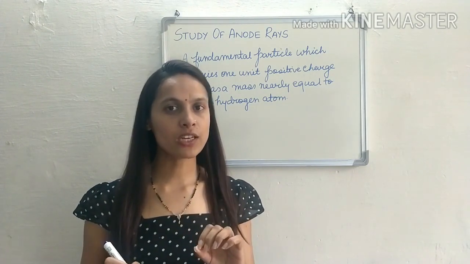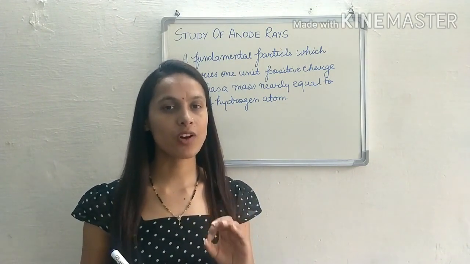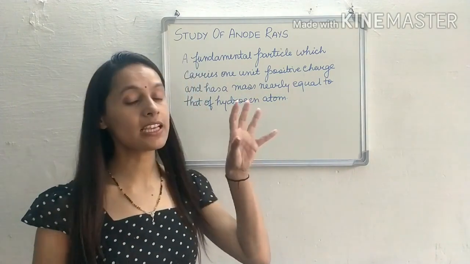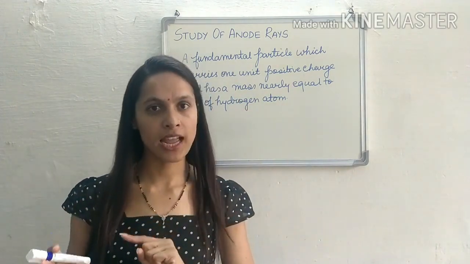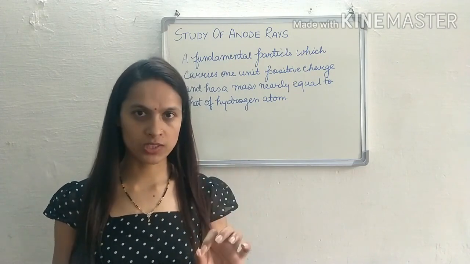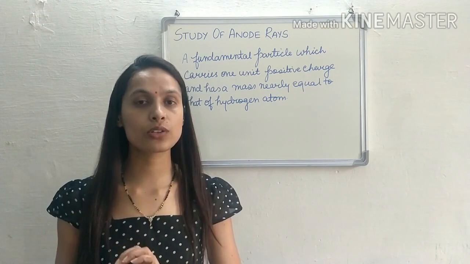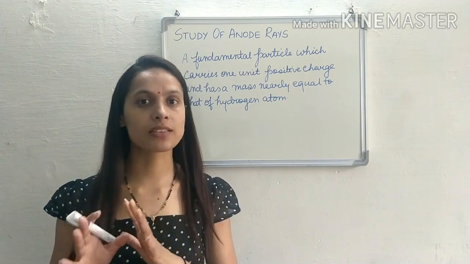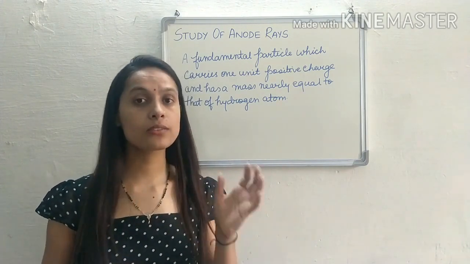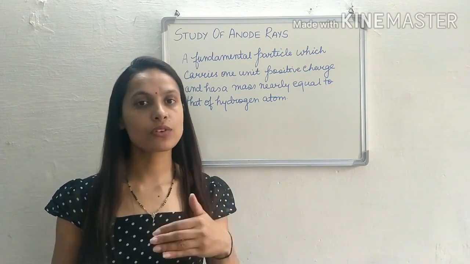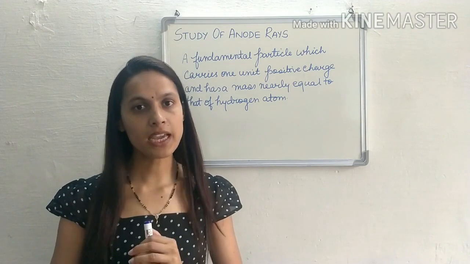Proton is that fundamental particle which carries 1 unit positive charge and whose mass is nearly equal to that of the hydrogen atom. So proton has 1 unit positive charge and its mass is nearly equal to the mass of a hydrogen atom. And electron has 1 negative charge and its mass is 1/1837 of the hydrogen atom.